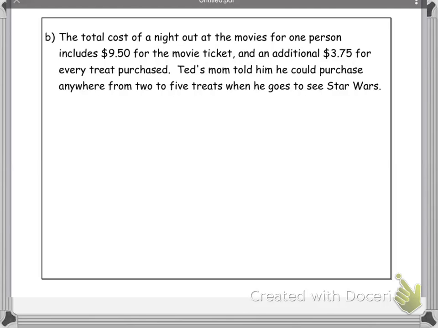The total cost of a night out at the movies for one person includes $9.50 for the movie ticket and an additional $3.75 for every treat purchased. So for every is our slope words, and $9.50 for the movie ticket.